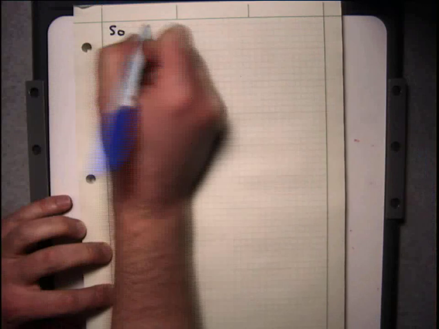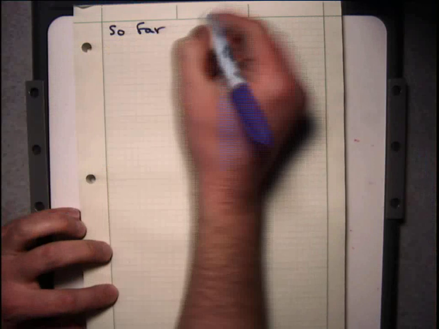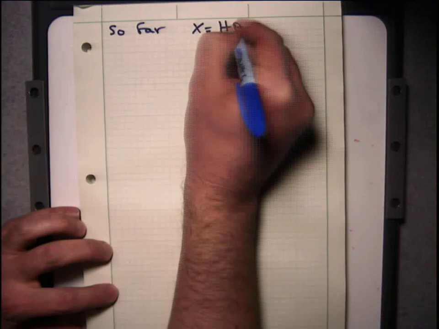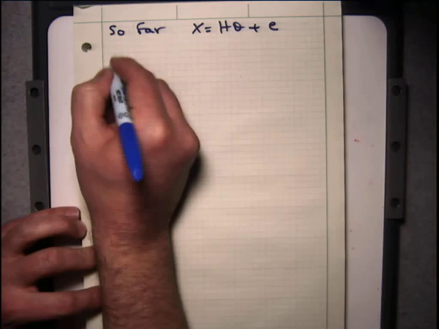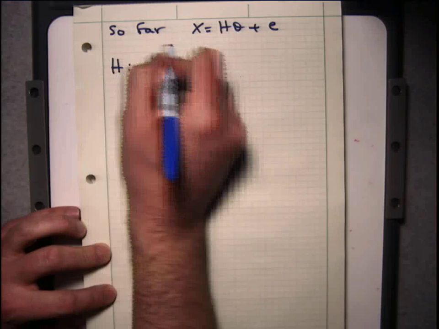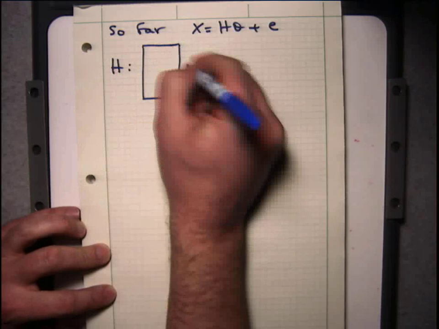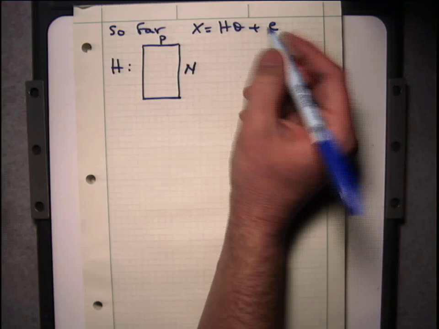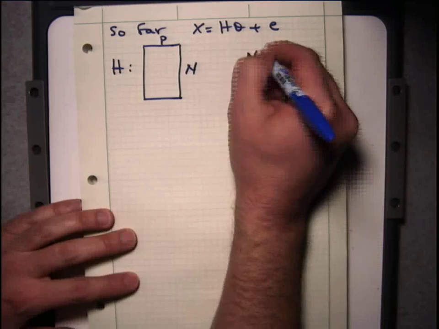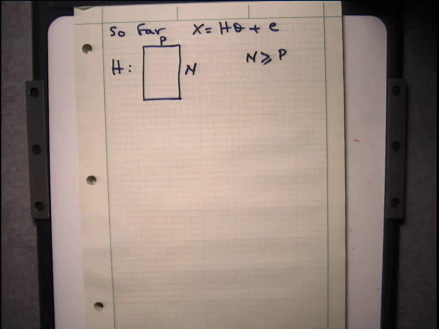All right, so far, what we've looked at are matrices H, in the model Hθ plus error, where H has the following shape, where this is n and this is p. And we've had either n bigger than p or n equal to p.